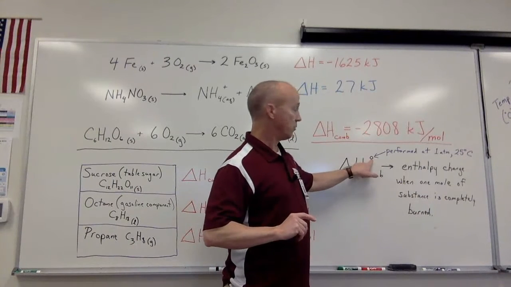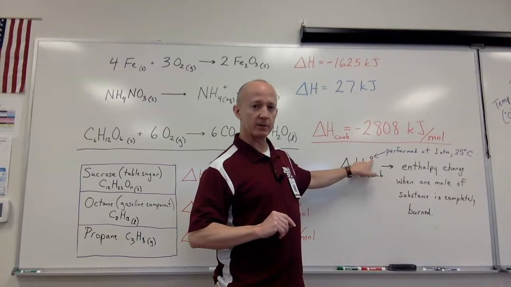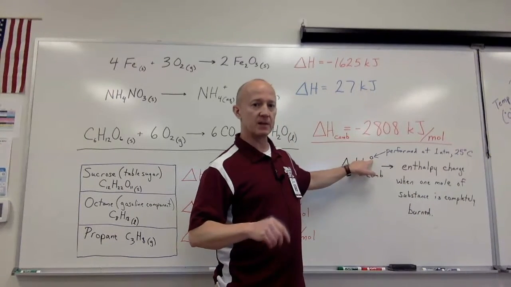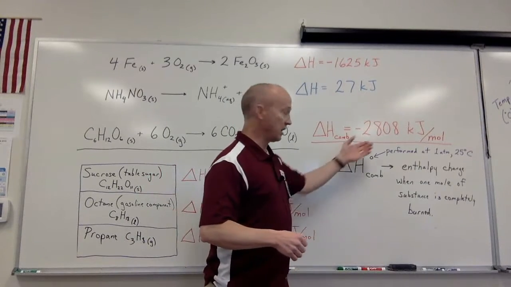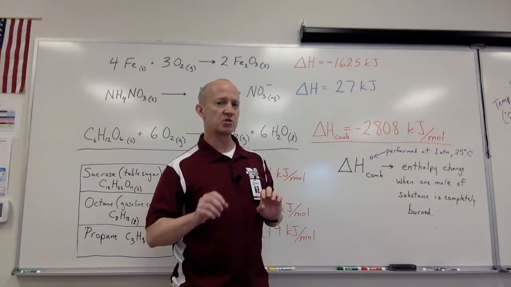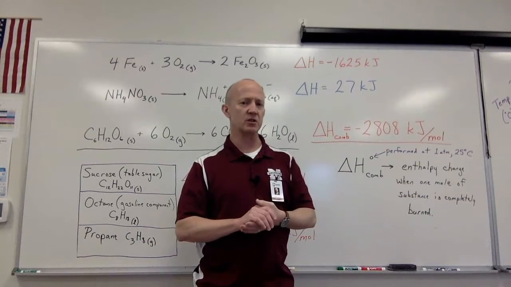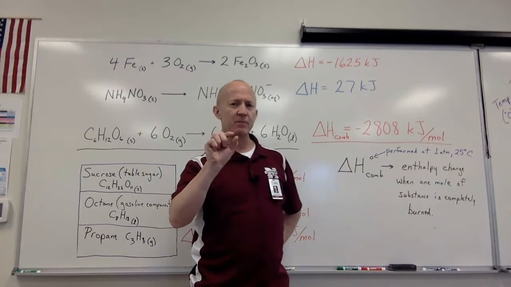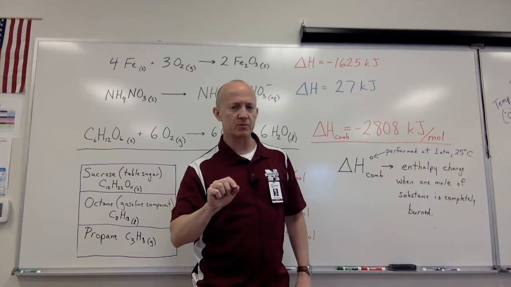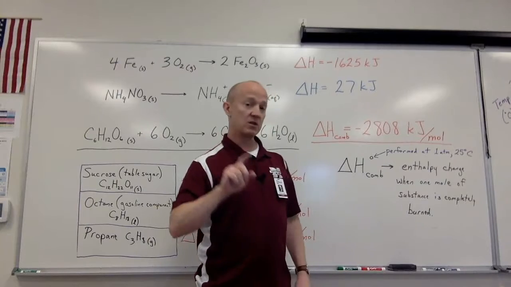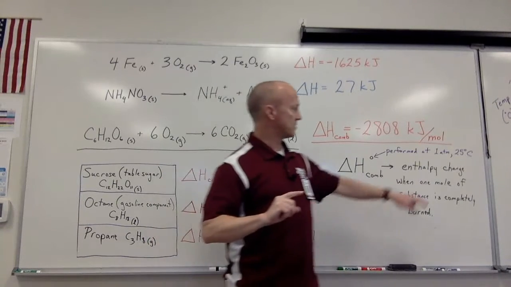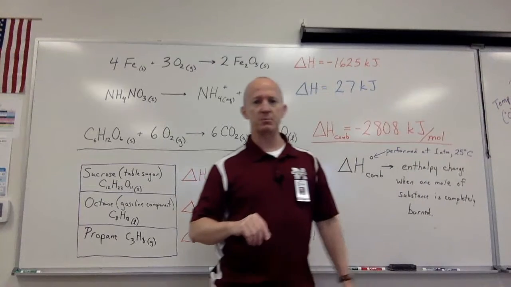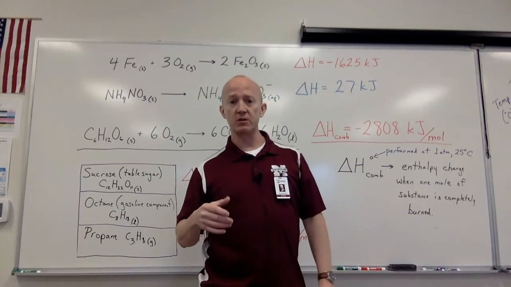Also, we notice this little zero mark right here. What this means is that when they perform these experiments to decide what the enthalpy is, they do so at what we call standard conditions. This is a little different than standard pressure and temperature. Standard conditions, 1 atmosphere, so that's the same, but the thing that's different is they do it at approximately room temperature, 25 degrees Celsius.